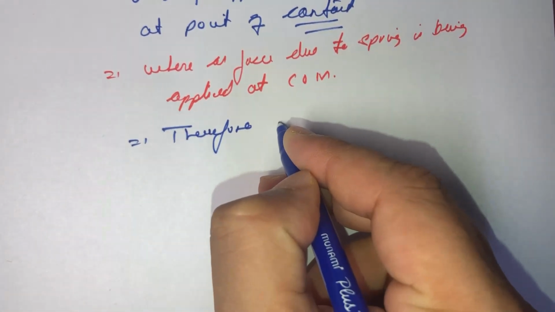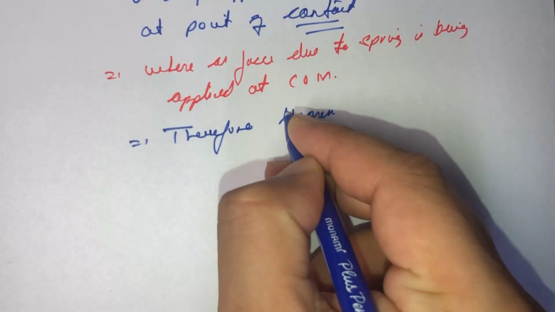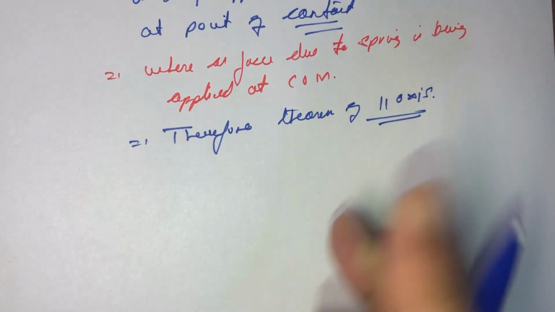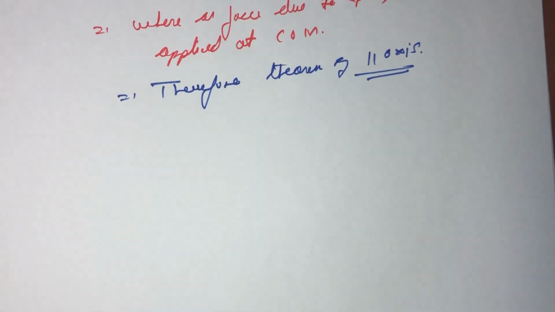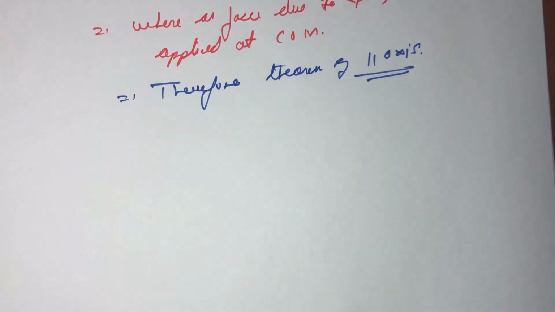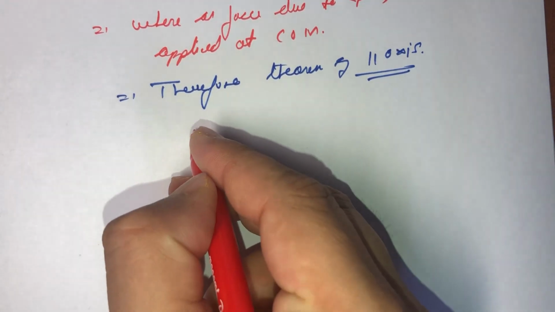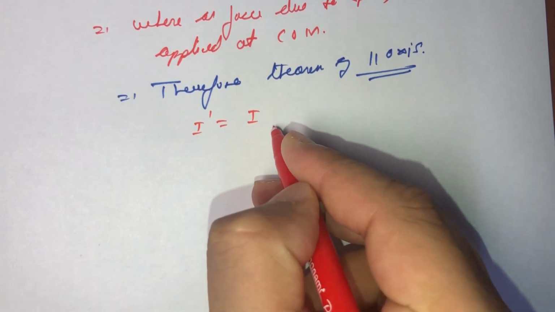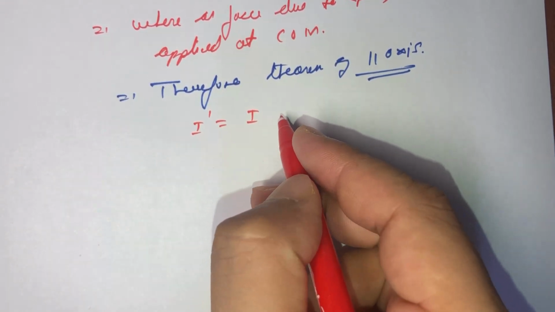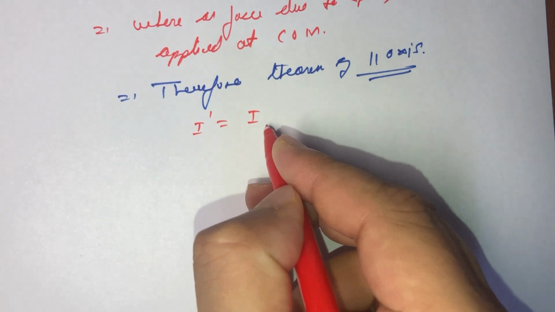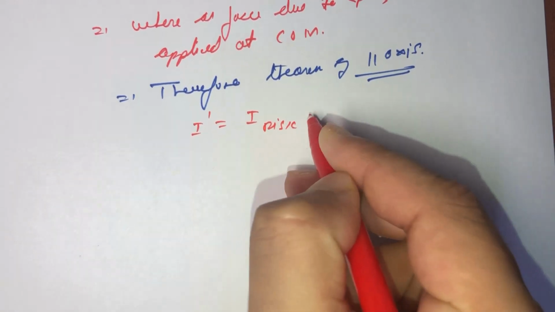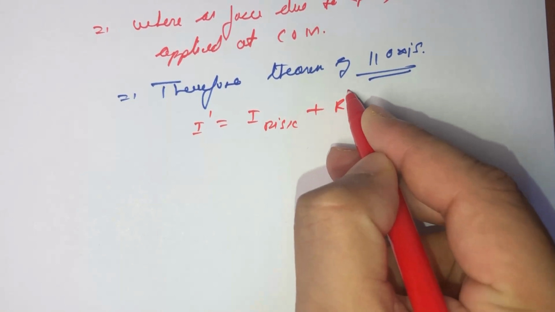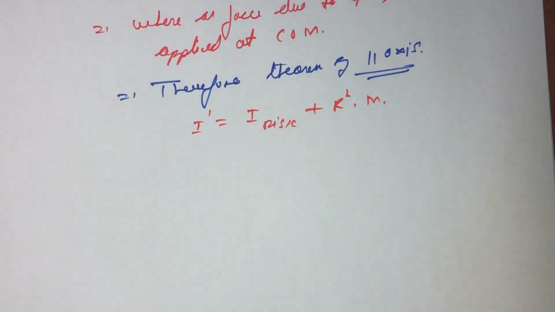Therefore, the theorem of parallel axis gives us that the moment of inertia I prime will be equal to the moment of inertia about the disk plus the shifting distance, that is r square, multiplied by the mass.